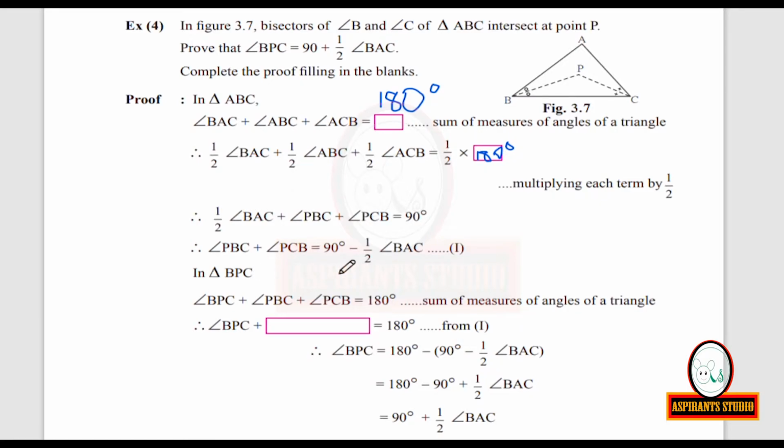It is 90 degrees minus half of measure of angle BAC. So, in this equation, instead of measure of angle PBC plus measure of angle PCB, we can substitute 90 degrees minus half of measure of angle BAC.